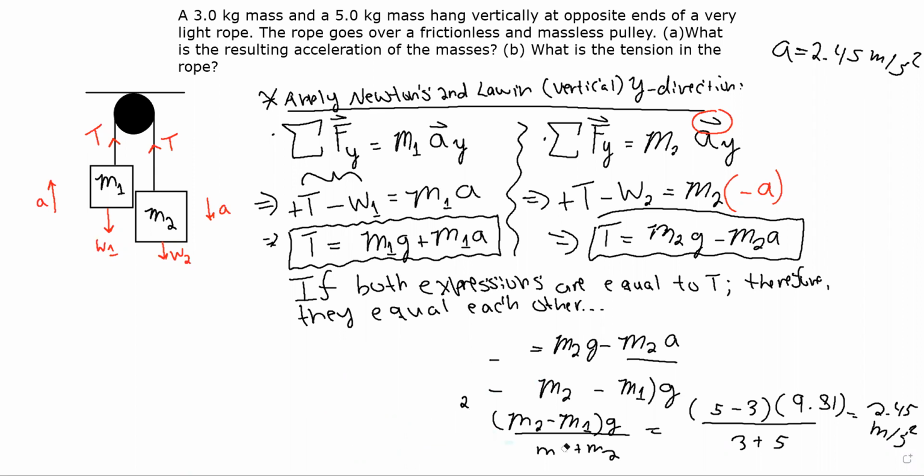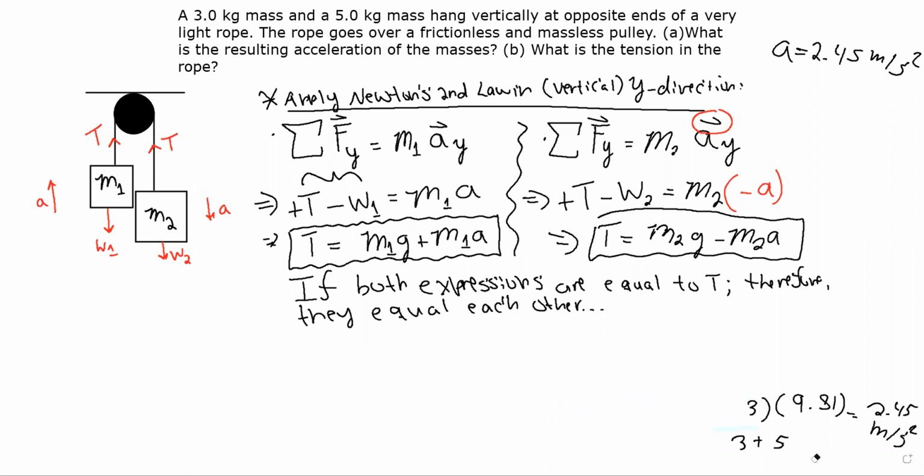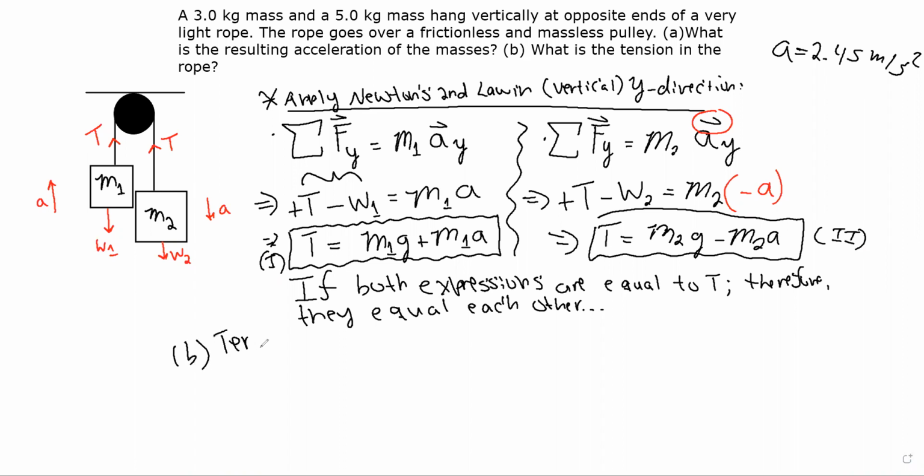And that's the process. Now, we had two unknowns, T and A. So technically, we are solving a system of equations. So now we could find T using either equation 1 or equation 2, because part B is find the tension. So I'll use equation 1. T equals, and now it will be easier if I factor out this M1.